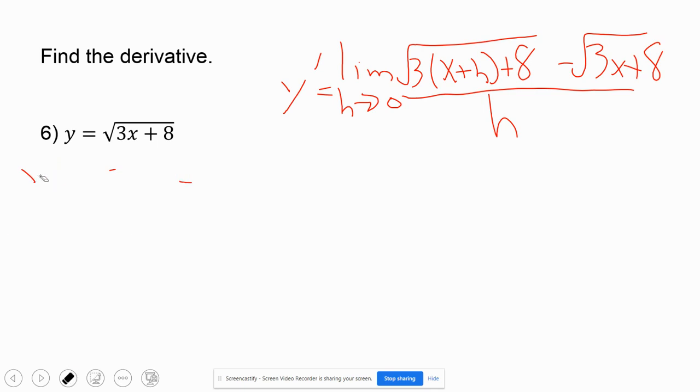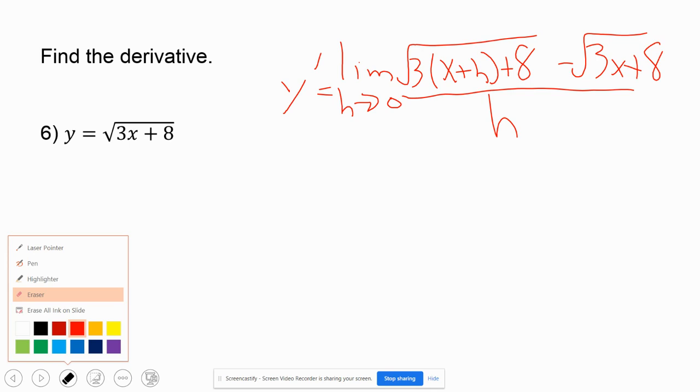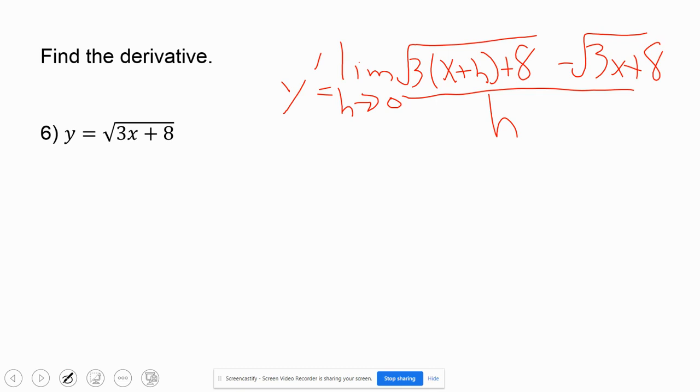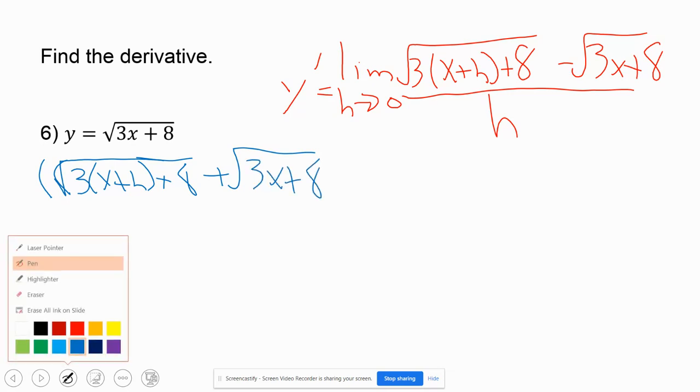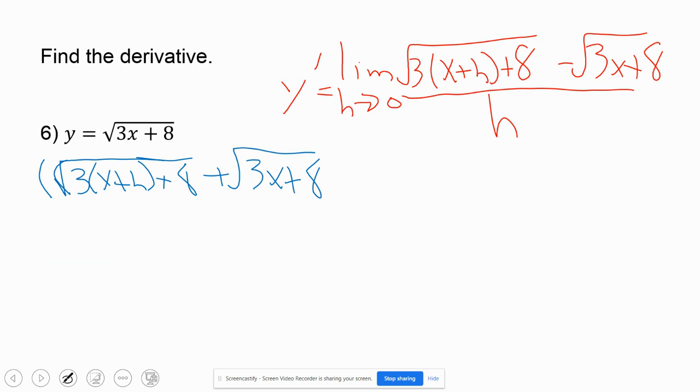I'm going to get rid of some of this just to give myself some room here. So I'm going to multiply the top of the fraction by that.